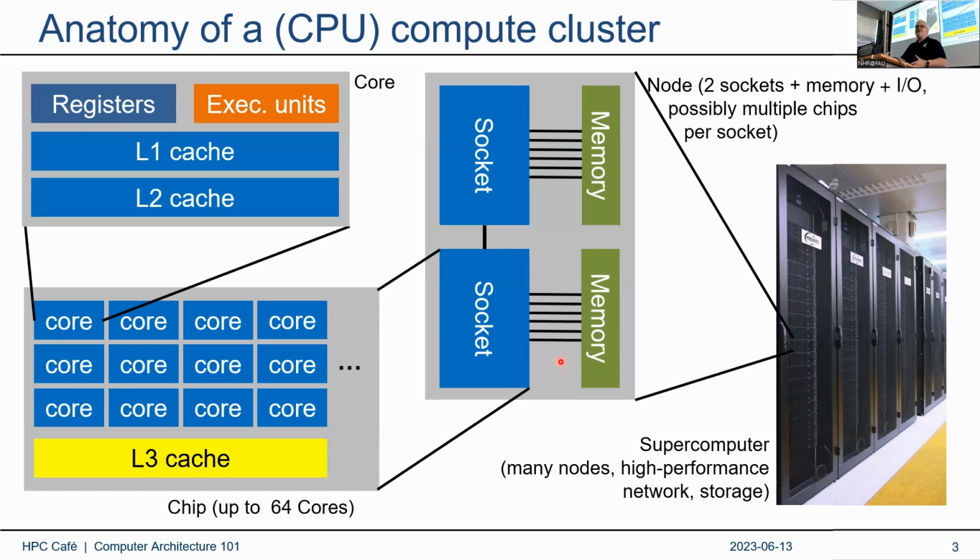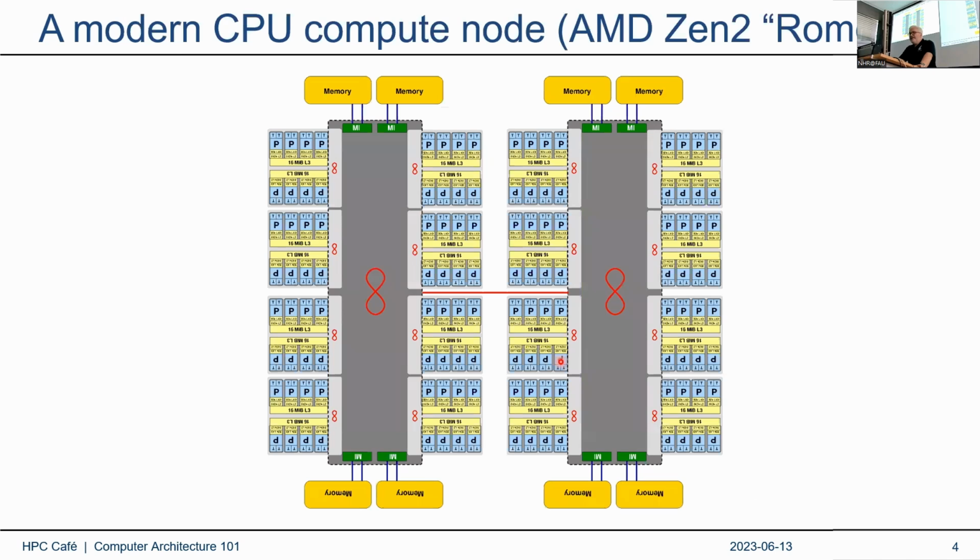Now, in reality, this is all much more complicated. Here's a view on a modern CPU compute node with 2 sockets, one left, one right socket. This is AMD Zen 2 Rome. Each socket, each processor has 64 cores. There's a lot of substructure, which I will not go into detail here, but you see there are groups of 4 cores. Each has its own level 1, level 2 cache.